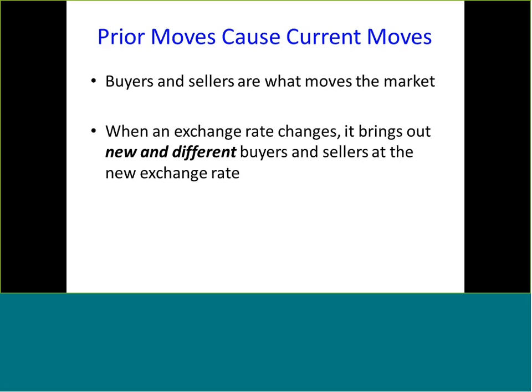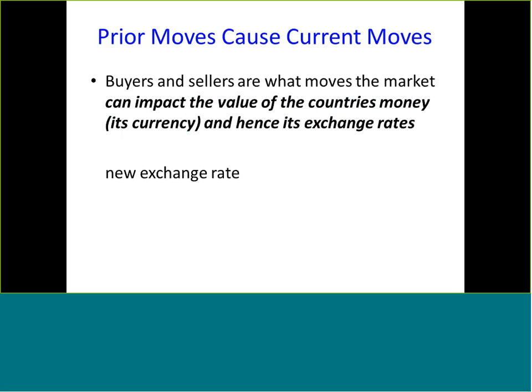So the market keeps moving and the prices keep changing because as the exchange rates move, it brings out interest from other traders, central banks, importers, exporters, a whole slew of different players in the market. So a big part of the movement is simply because it moves to different levels, new interest is brought out. And that's what a big part of the movement is from.